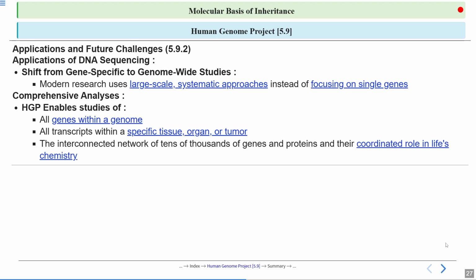In short, HGP has enabled us to know all the genes present within a genome, all the mRNA present within a specific tissue, organ, or tumor, and the interconnected network of genes and proteins and how they are coordinated in normal life chemistry, normal life biology.